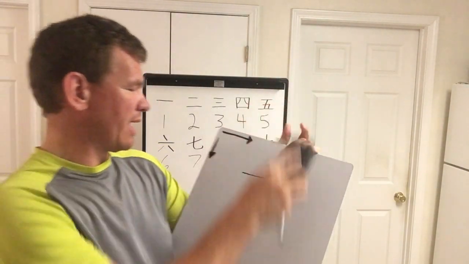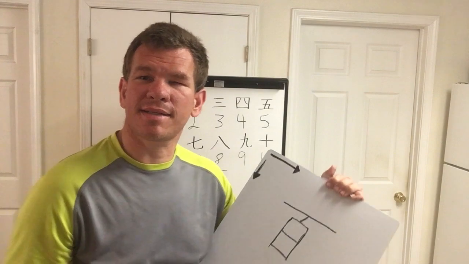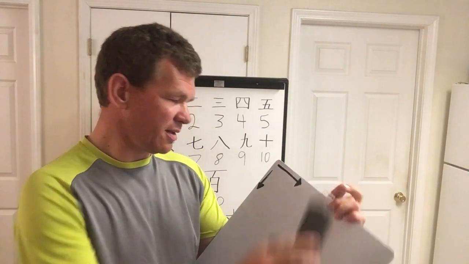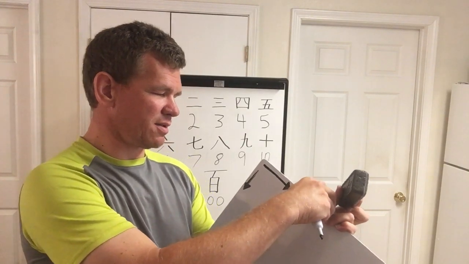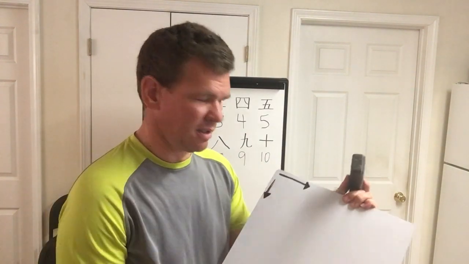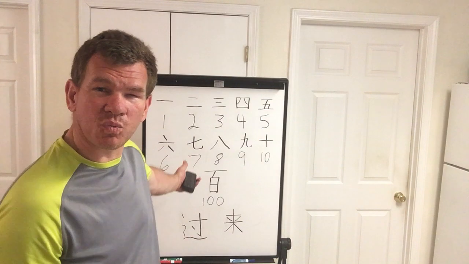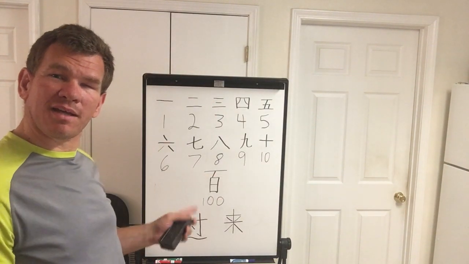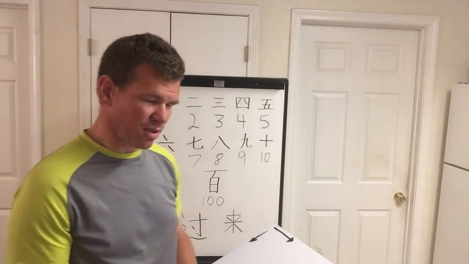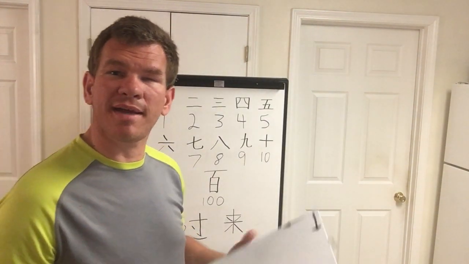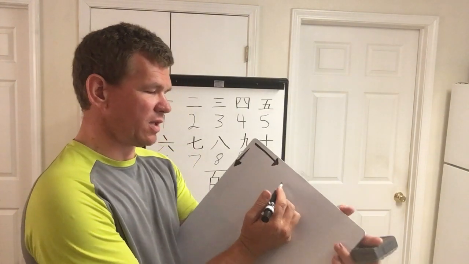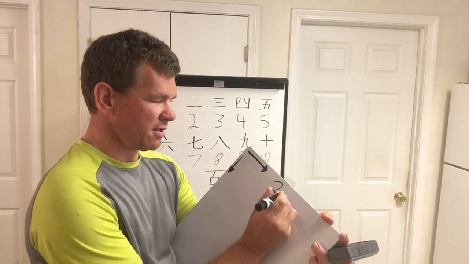Okay. Now, why did I say that you could go from 1 to 100? And I also said that it's repetitive. Well, now that we've studied 1 through 10 and 100, I'm going to show you the way that Chinese numbers repeat themselves. So let's just go with a number, 26.